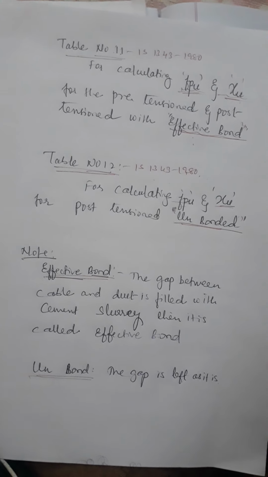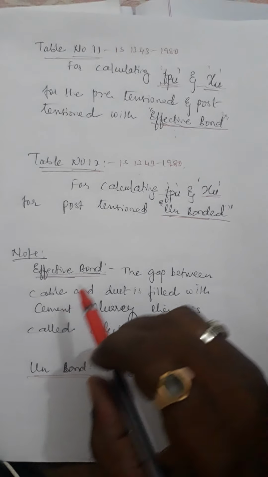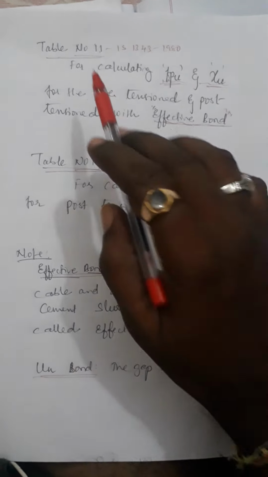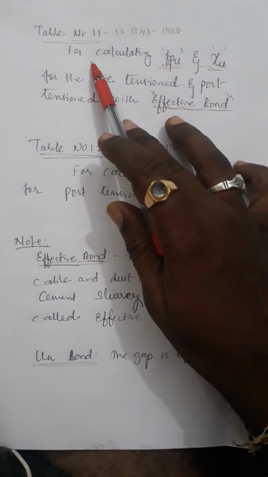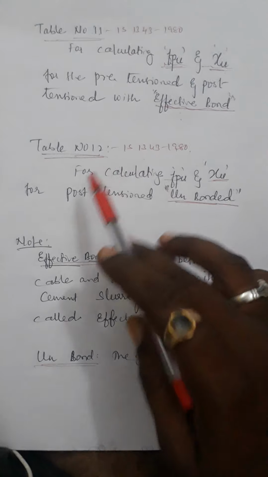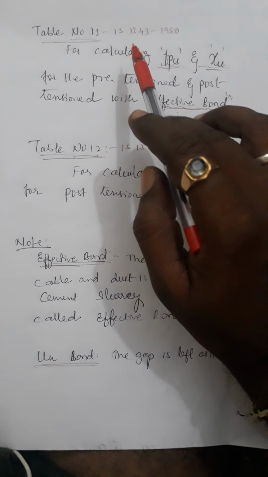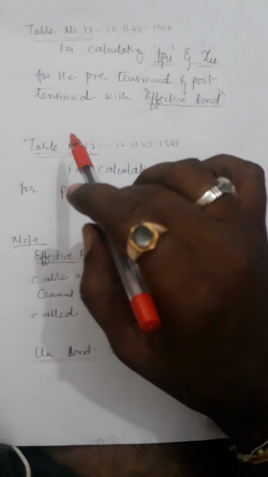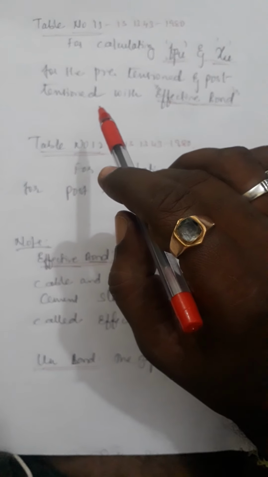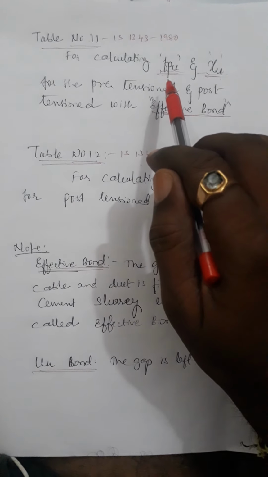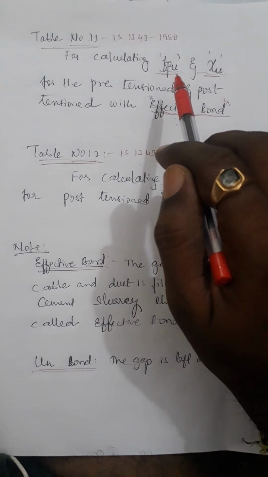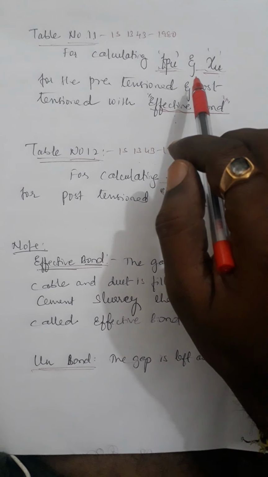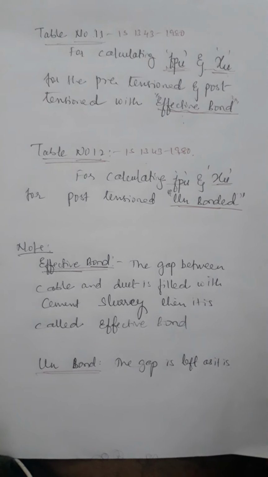In the PSC member, two tables are given, that is Table 11 and Table 12 of IS 1343:1980. These are for calculating FPU and XU, where FPU is the ultimate tensile stress in the tendon and XU is the depth of the neutral axis.